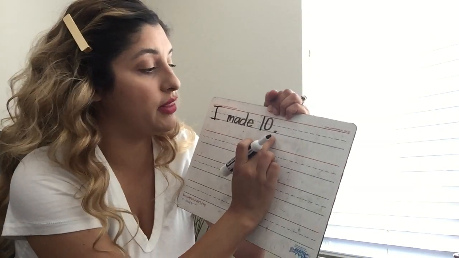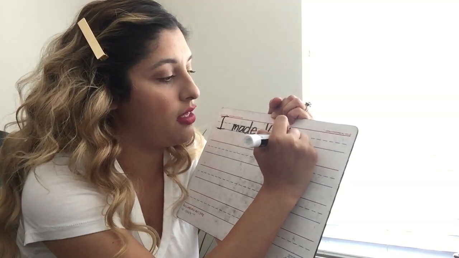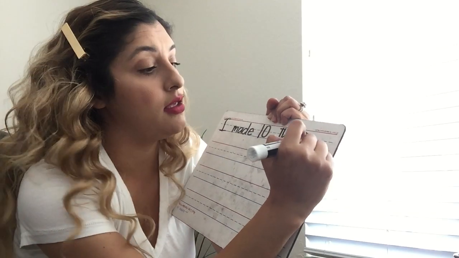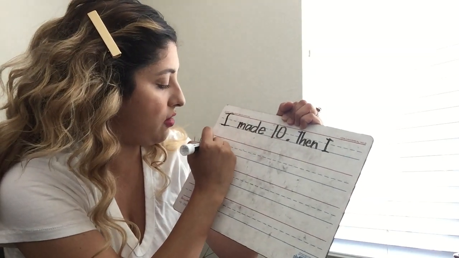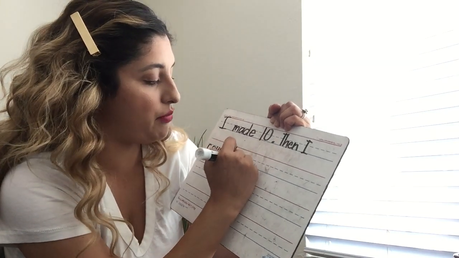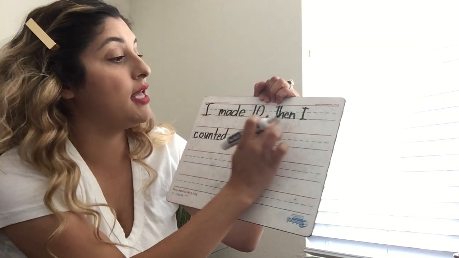TH. Oh, but there's a period, so I have to start with the capital. N. Then I counted up. Period.